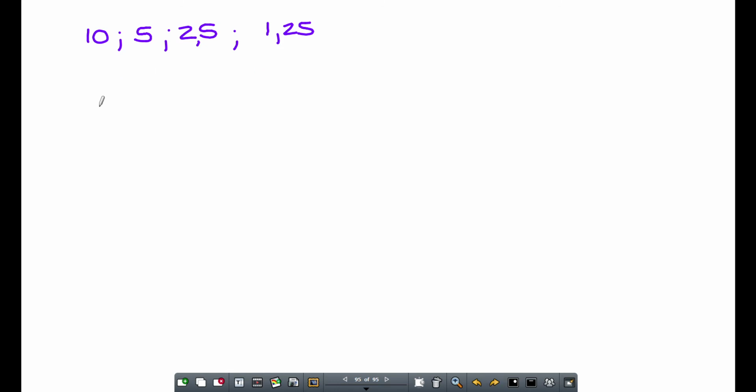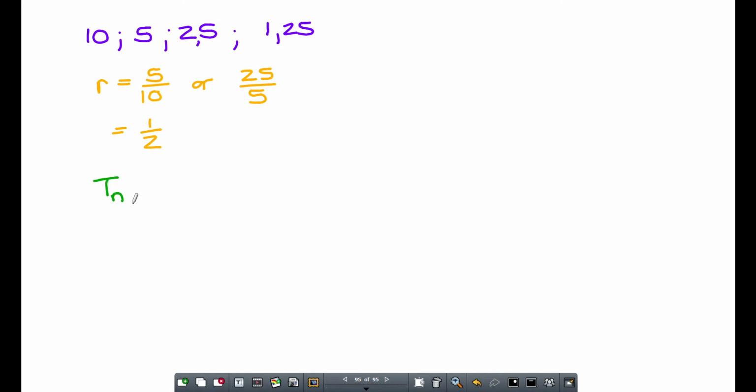Or you could have said term 3 over term 2, because that should give you exactly the same answer. So daar het ons nou uitgewerk, R is a half. So definitely geometric sequence.